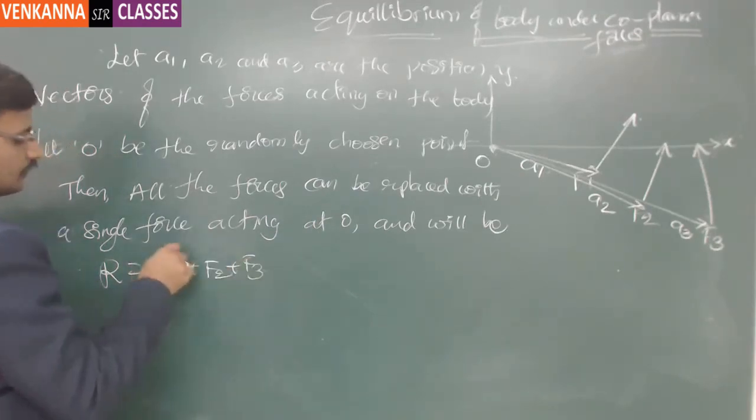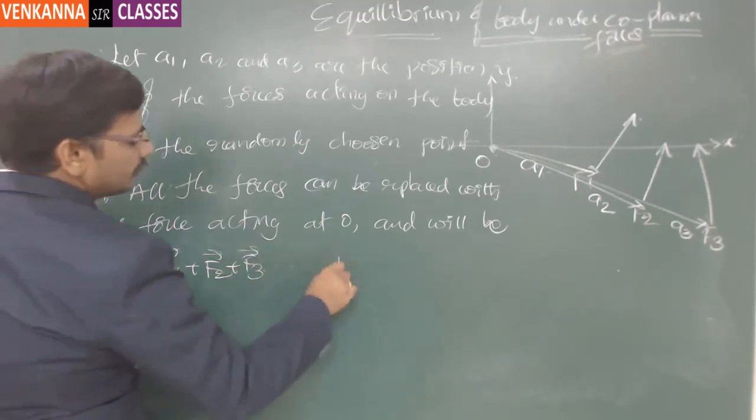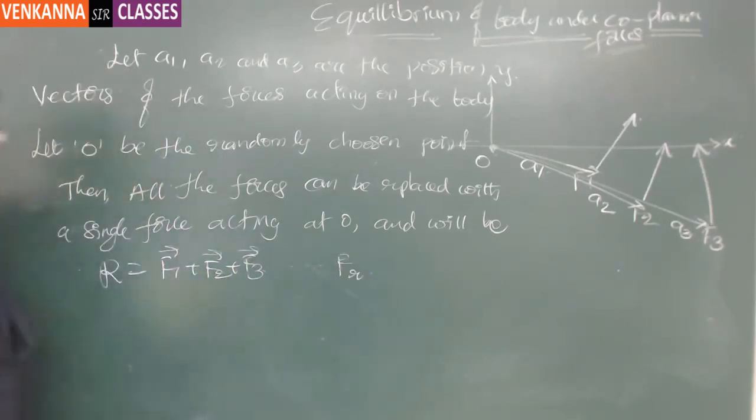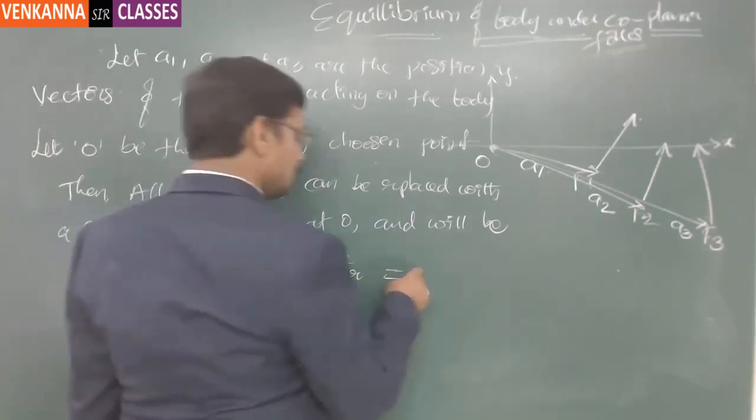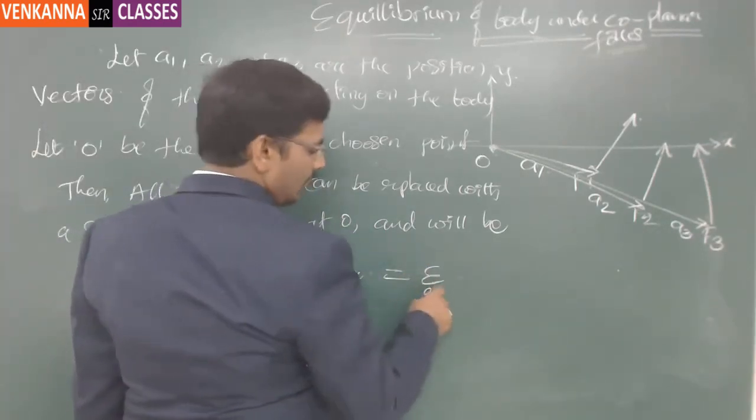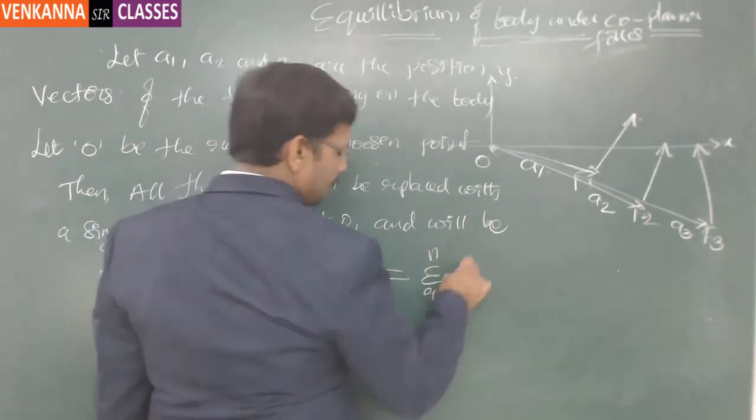If there are multiple forces, then it can go up to Fr. Got it? Or else this can be written as R equal to sigma r equal to 1 to N of Fr.